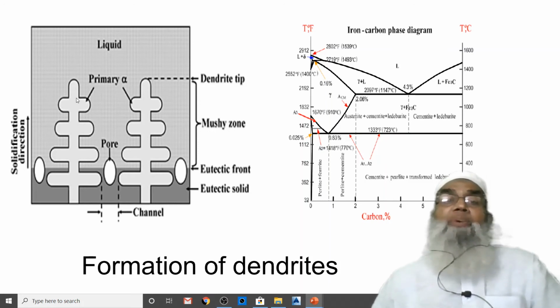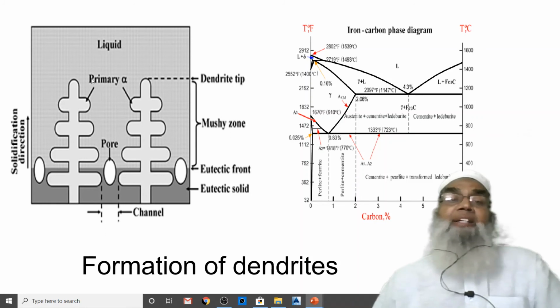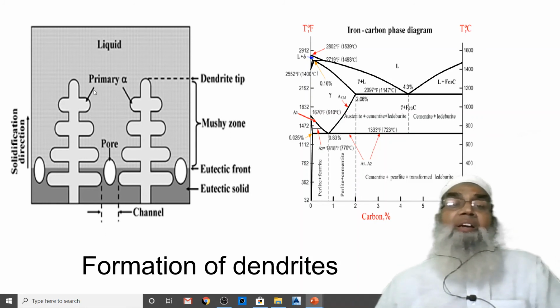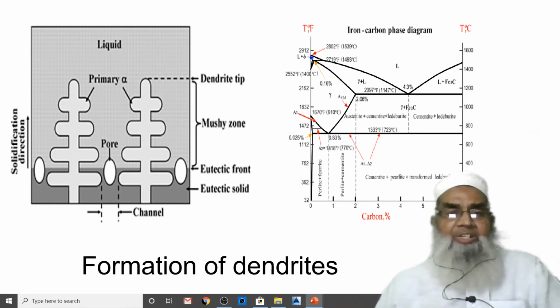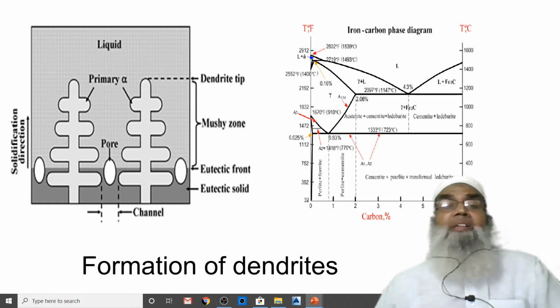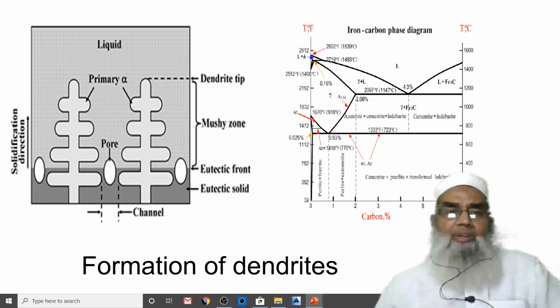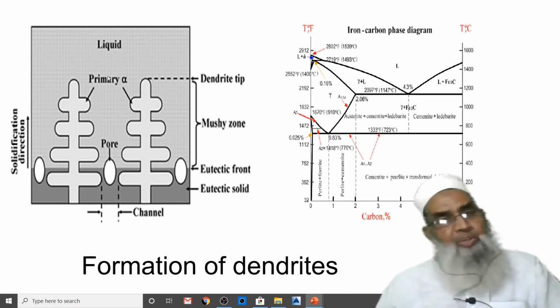Therefore, the liquid adjacent to the solid has higher concentration, and the solid has lower concentration, and so the liquid ahead has its concentration increased and its solidification temperature reduced, which causes solidification in the liquid itself.